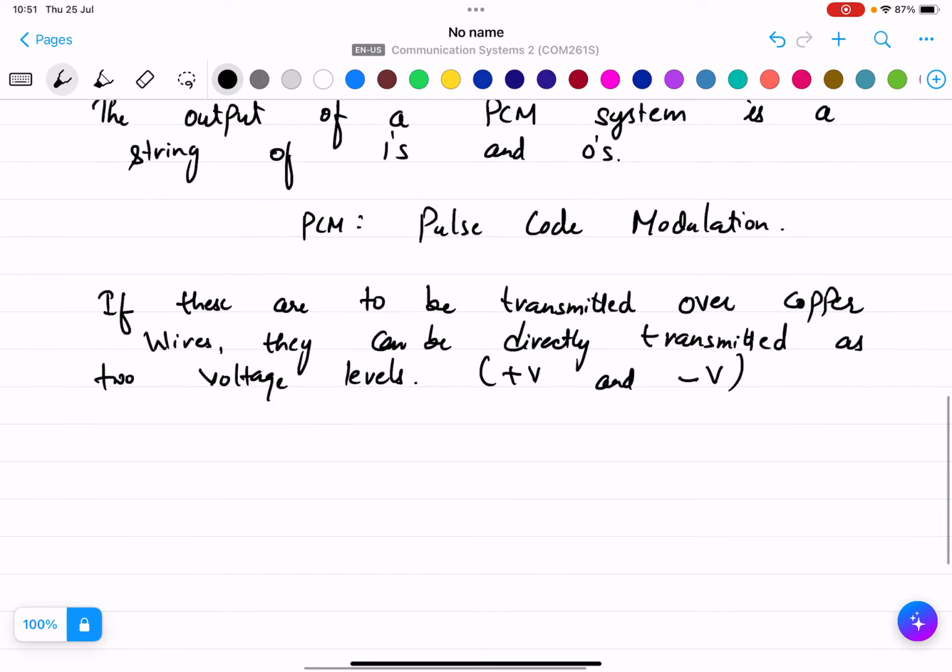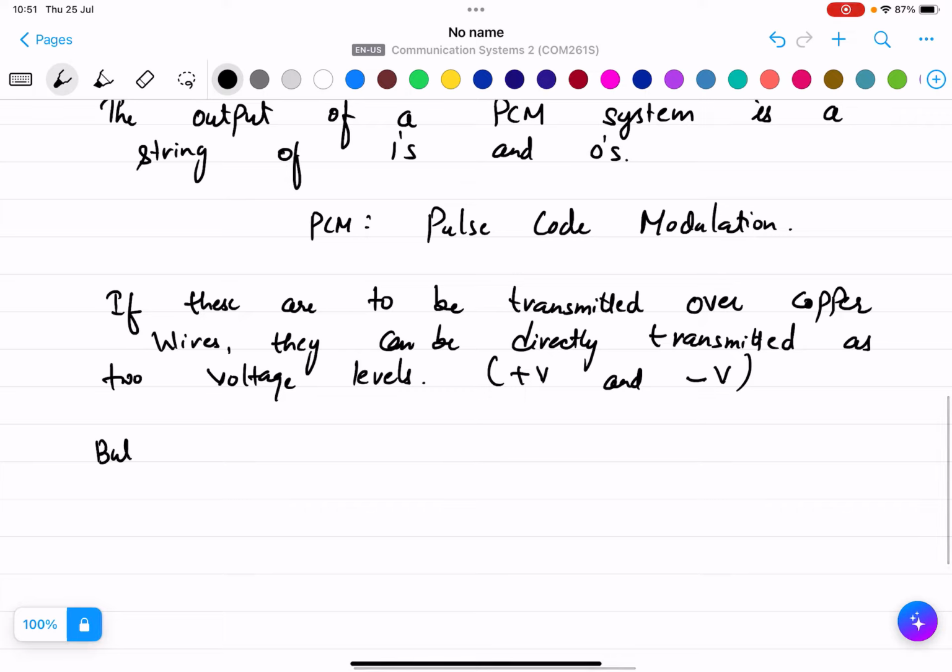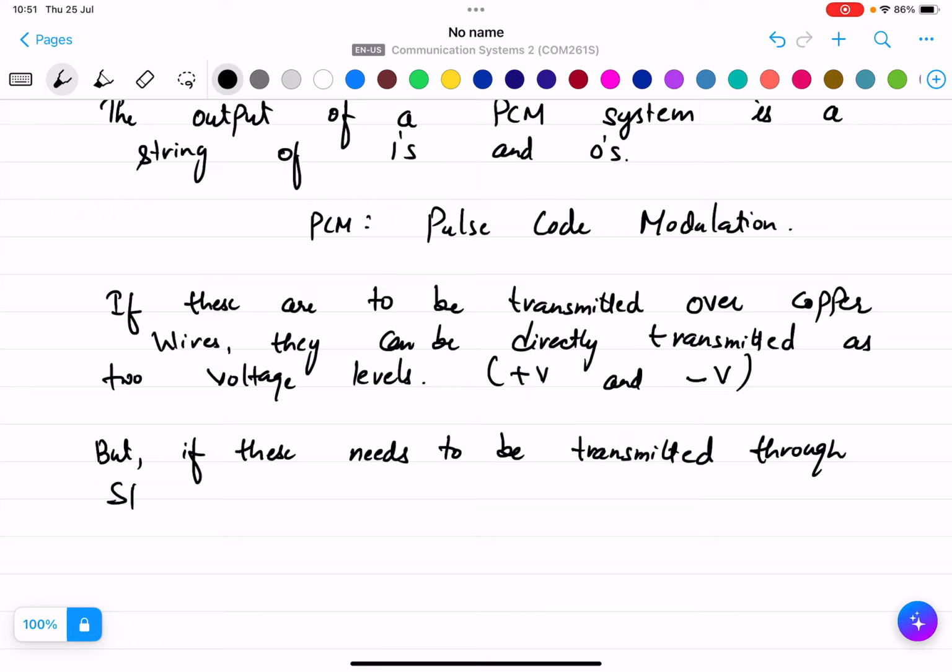But if these need to be transmitted through space using antennas, then some form of modulation has to be used.